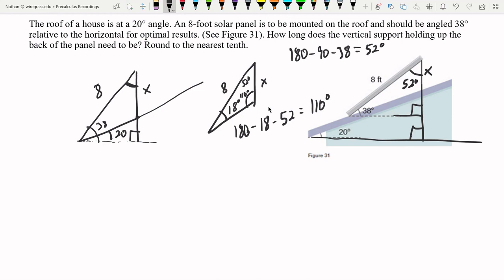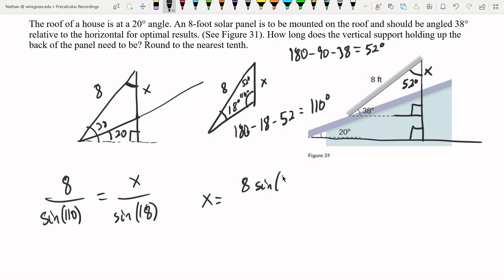And now we can find X by using the law of sines. So we know 8 over sine the opposite angle of 8 is 110 equals X over sine. The angle opposite X is 18. So we're going to have sine 18. That means X equals 8 sine 18 over sine 110.